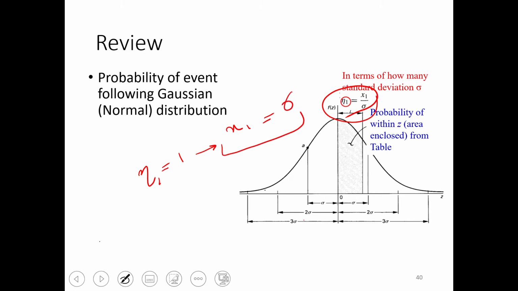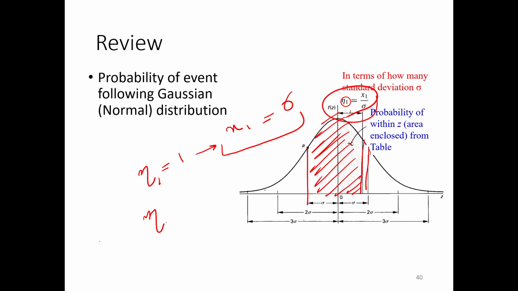So what that means is that you are trying to find the probability of an observation lying within 1 standard deviation away from the mean. So from here to here, for eta equals 1.